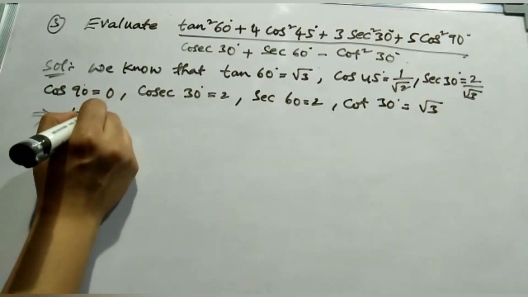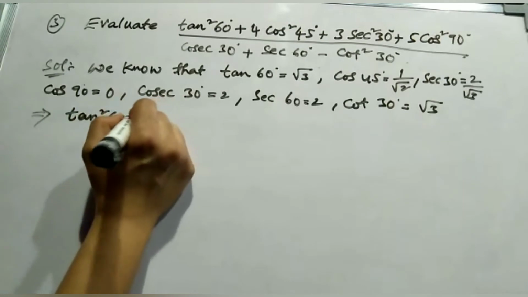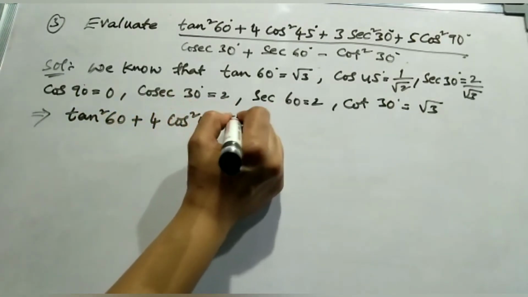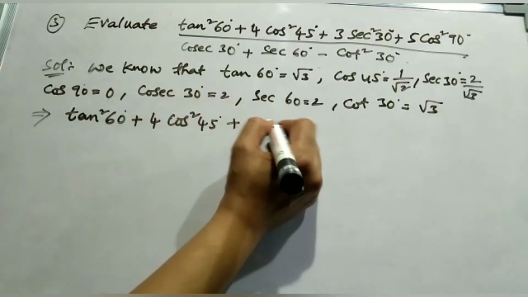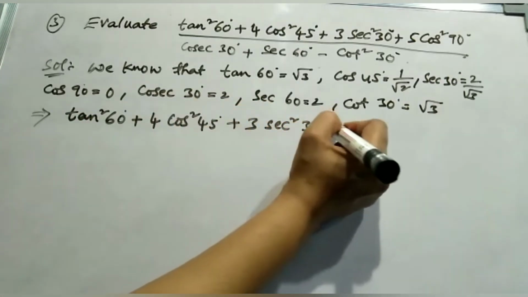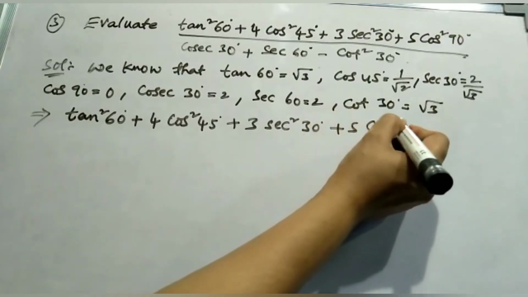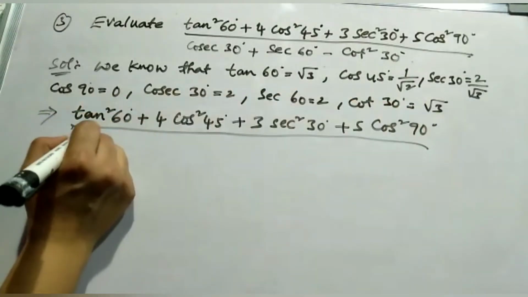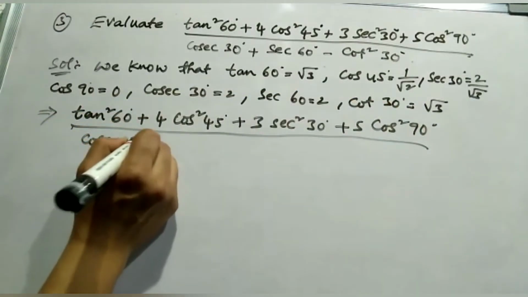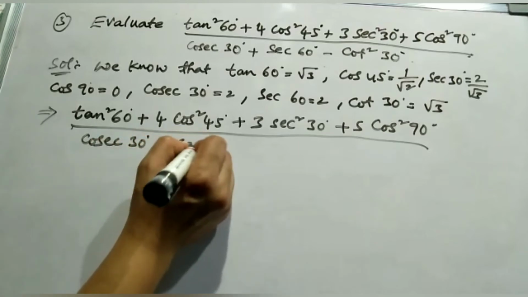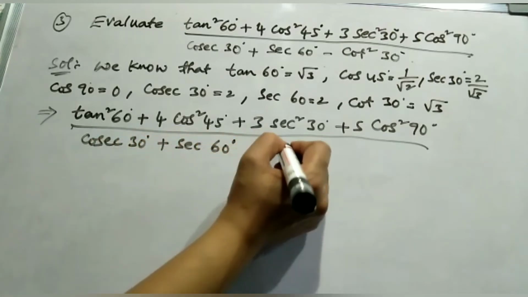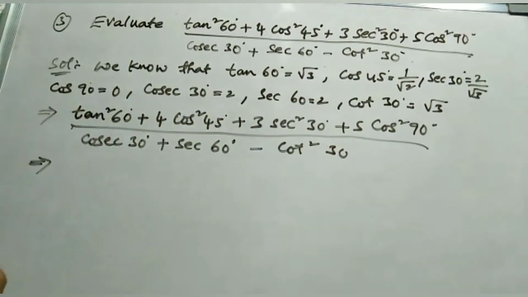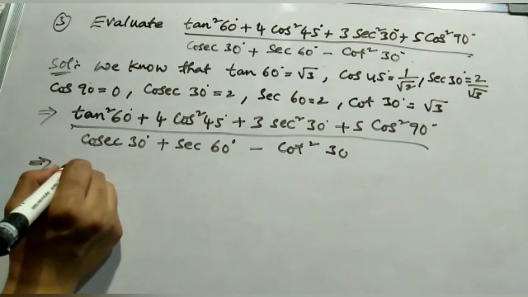Tan square 60 plus 4 cos square 45 plus 3 sec square 30 plus 5 cos square 90 upon cosec 30 plus sec 60 minus cot square 30. Substitute the values. What is your tan 60? Tan 60 is root 3.